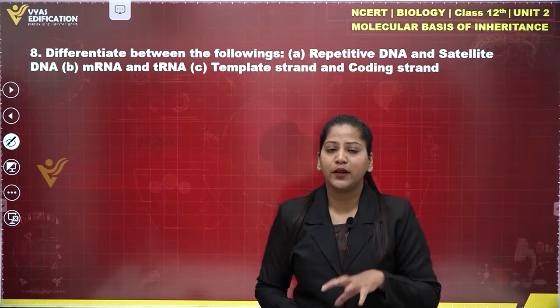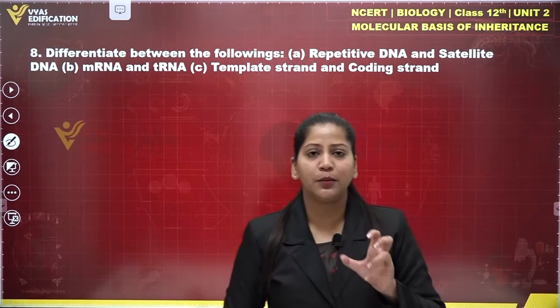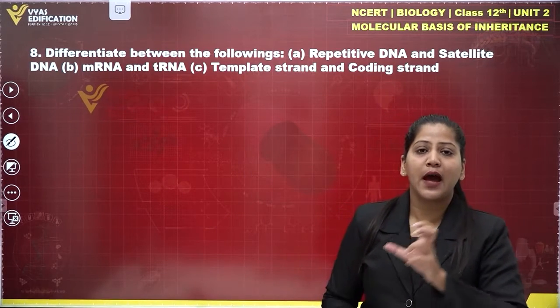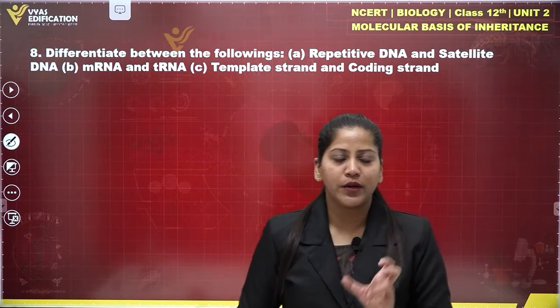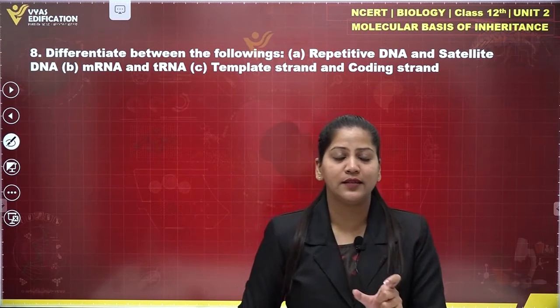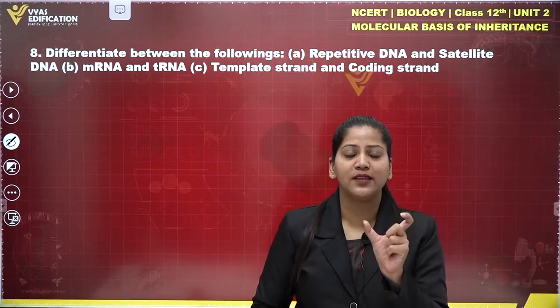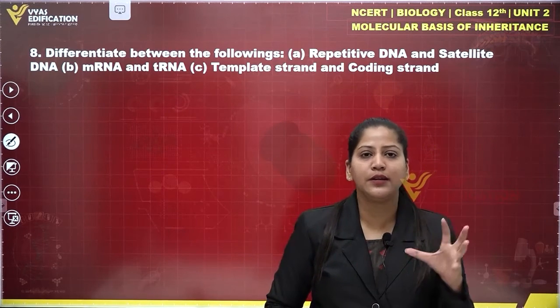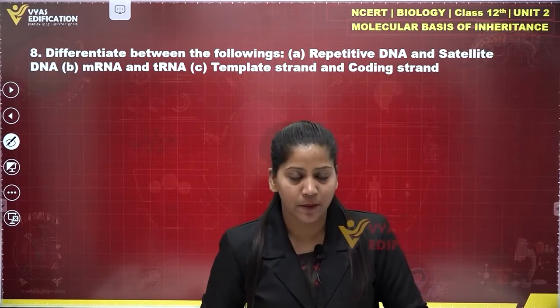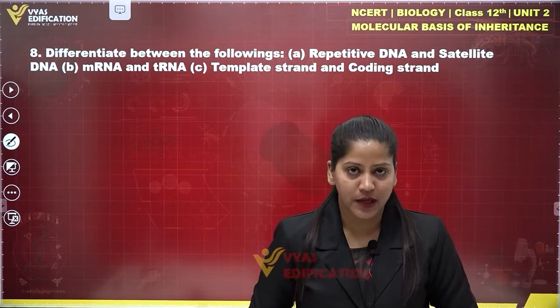So let's start with the very first thing, differentiating between repetitive and satellite DNA. What is repetitive DNA? The non-coding sequence which is present on DNA and repeated several times in the genome of an individual is termed repetitive DNA.